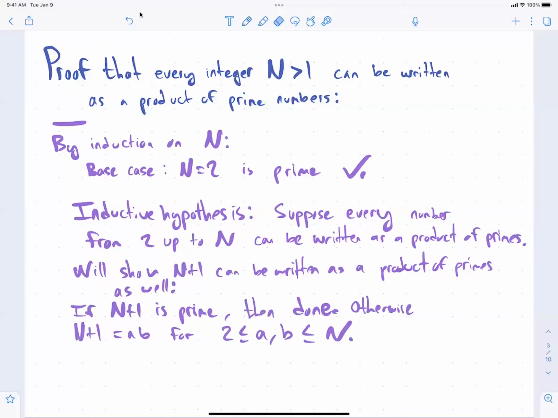But then by the inductive hypothesis, a is a product of primes. So I can write a as p1 times up to pk, and then b equals q1 times q2 times all the way up to qm. So a is a product of primes, and b is a product of primes.